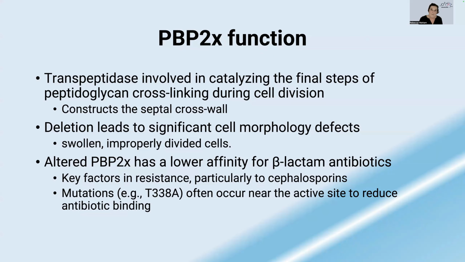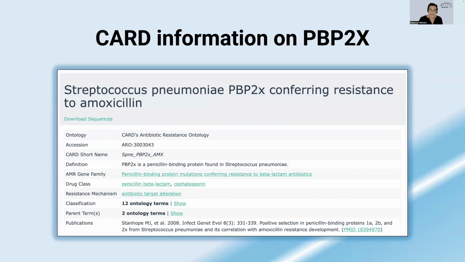So PBP2X is especially important to things like cephalosporins, which are a class of beta-lactam antibiotics. And there are specific mutations that we're going to look at today that occur at the active site to reduce antibiotic binding. So I like when CARD has information.